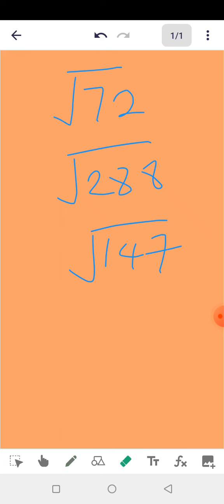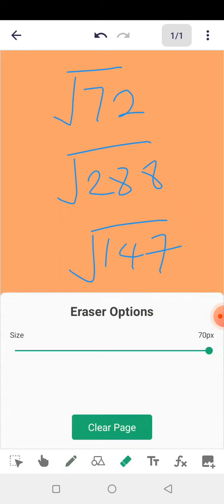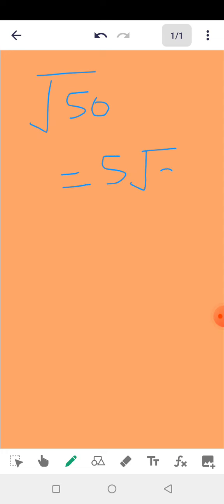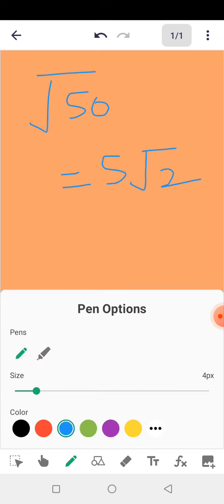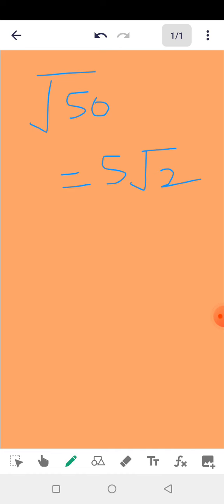Now, it's possible that you might want to reverse a surd, e.g., when we did square root of 50, we got 5 root 2. Now, it's possible that you might want to express 5 root 2 as a single surd.